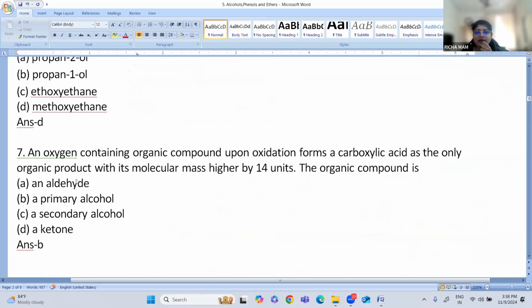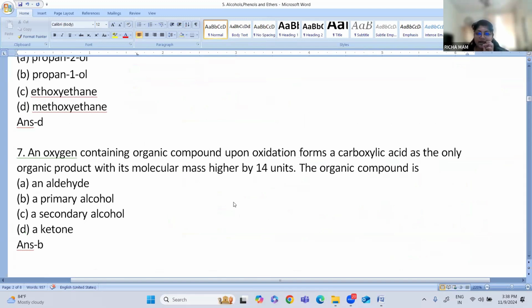Next question. An oxygen containing organic compound upon oxidation forms a carboxylic acid as the only organic product, with its molecular mass higher by 14 units.